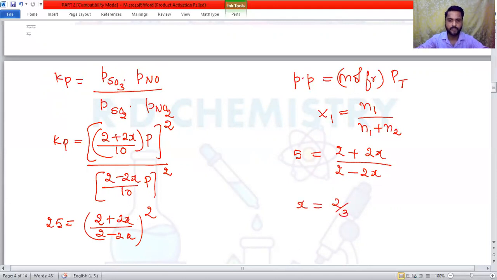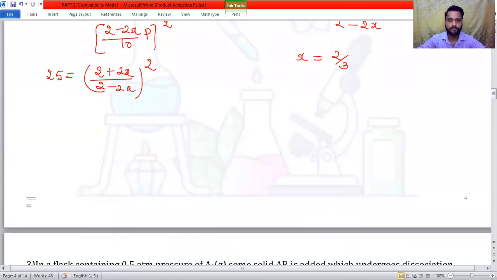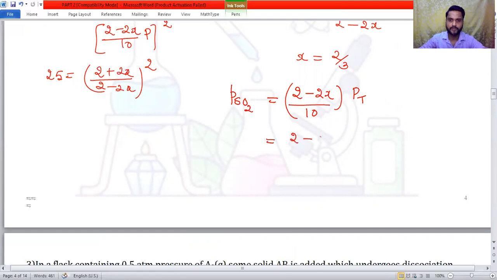Now what is the question? We are supposed to calculate the partial pressure of SO2. How to calculate it? Partial pressure of SO2 is equal to number of moles of that component, 2 minus 2x, divided by total number of moles, times the total pressure Pt, which is equal to 2 minus 2 into x value, 2 by 3, divided by 10 times the total pressure, given as 4 here.